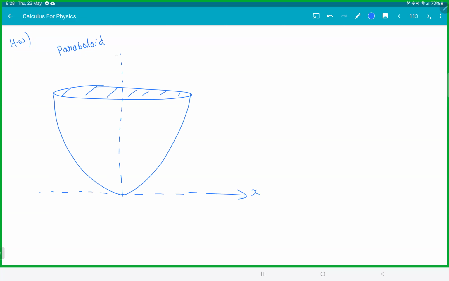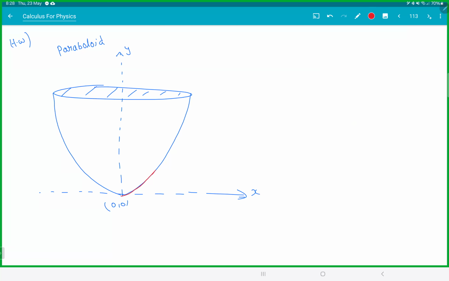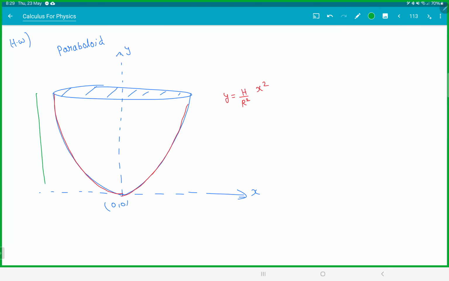So this is your x-axis, this is your y-axis, this is 0, 0. This curve which is there, this curve's equation is y equals h by r square into x square, where h is the height of this paraboloid and r is the radius of this paraboloid.